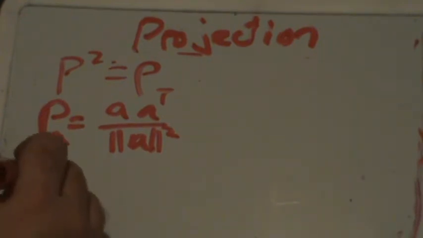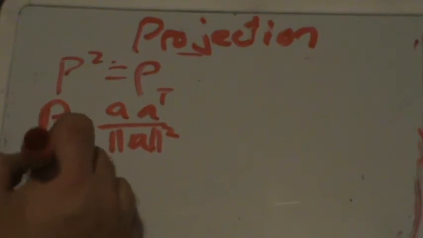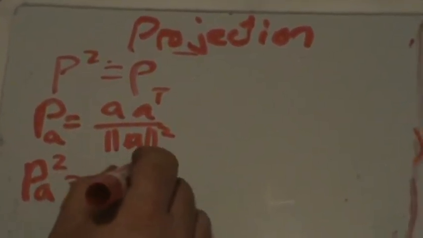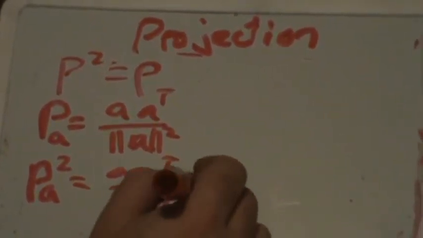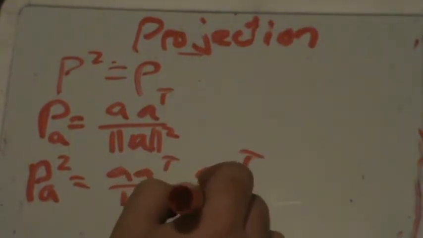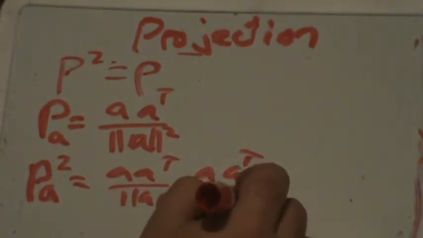And remember, norm of A is a scalar, so I do have division for scalars. Alright, so if this is true, I should be able to take the projection of A squared. Well, that's got to be A A transpose over norm of A squared times A A transpose over norm of A squared.